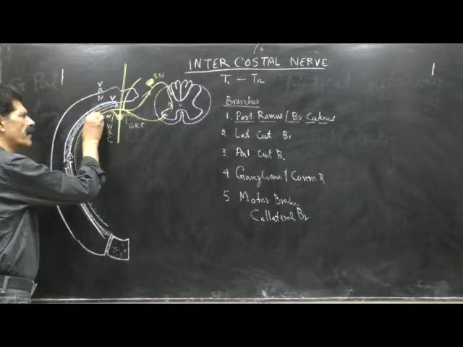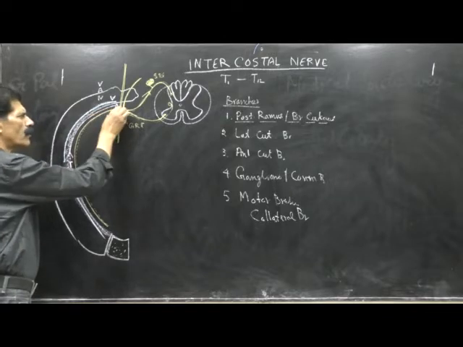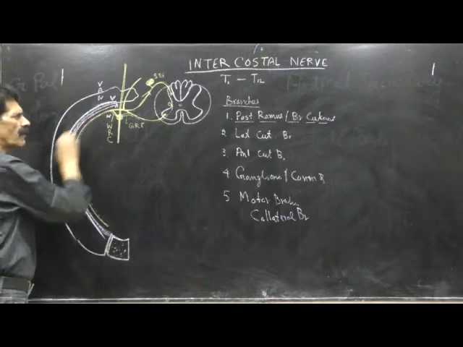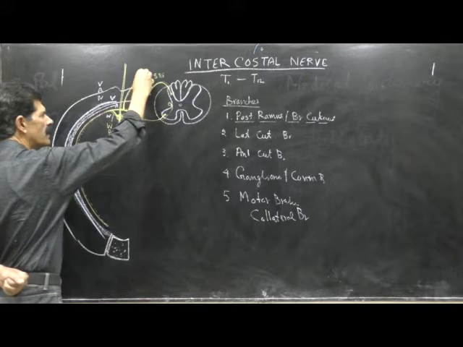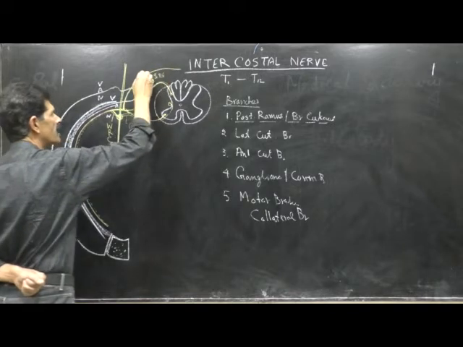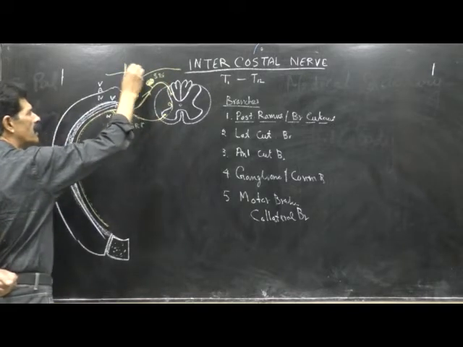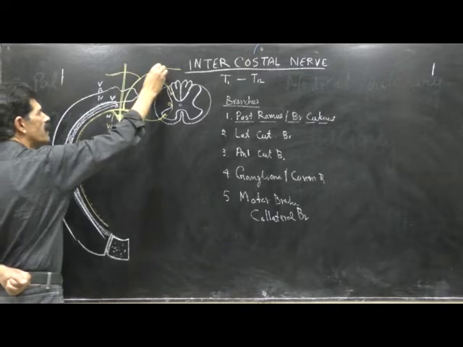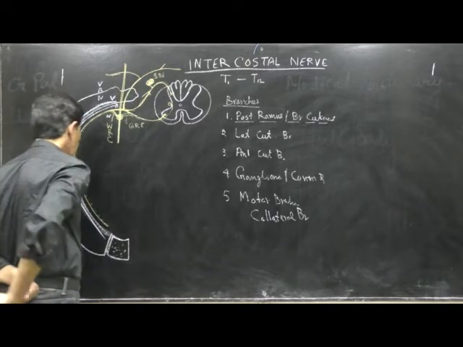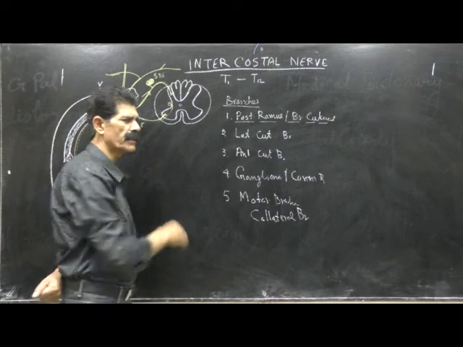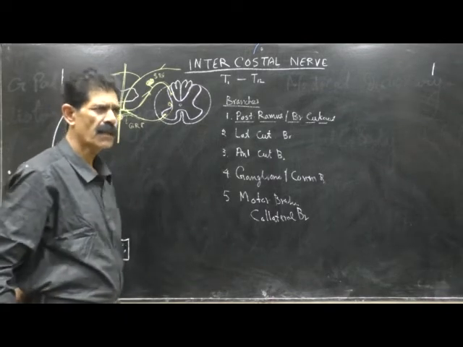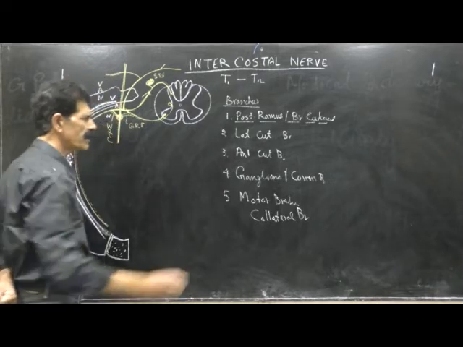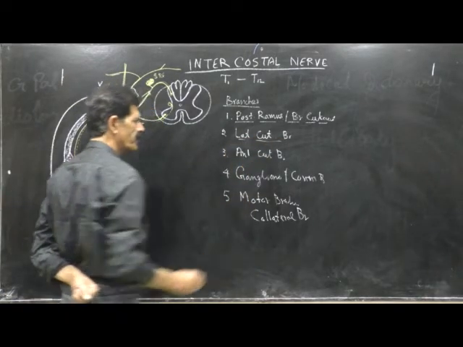It is called the ventral ramus of the intercostal nerve. The dorsal ramus goes posteriorly and divides into a medial branch and a lateral branch, and it supplies the skin over the back of the thorax. Because it supplies the skin, it is sensory and posterior in position.